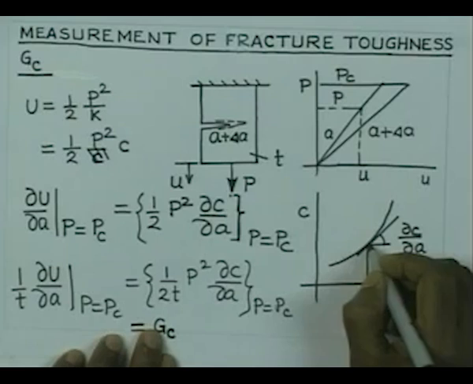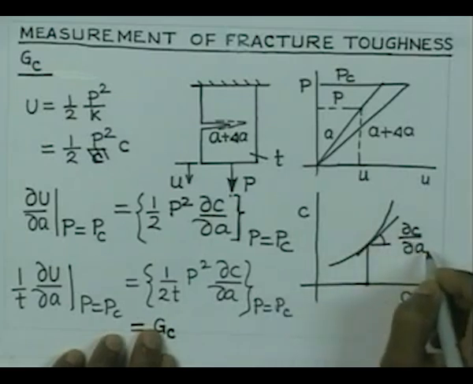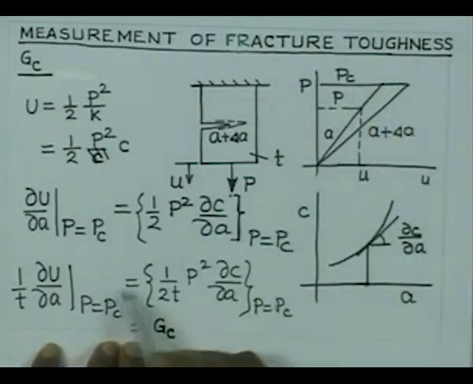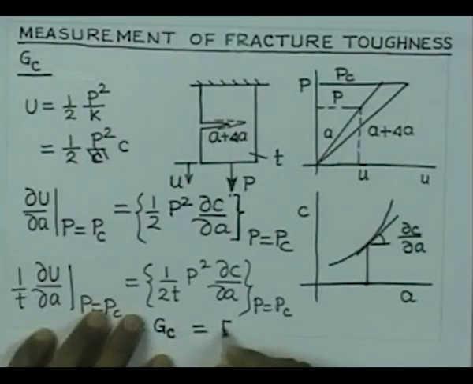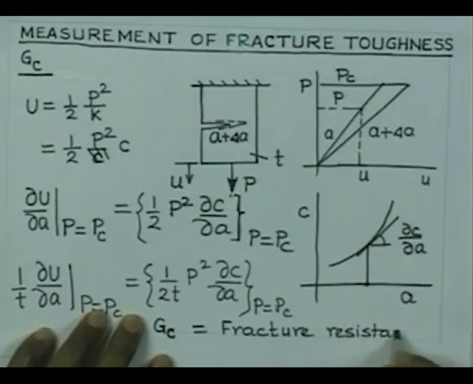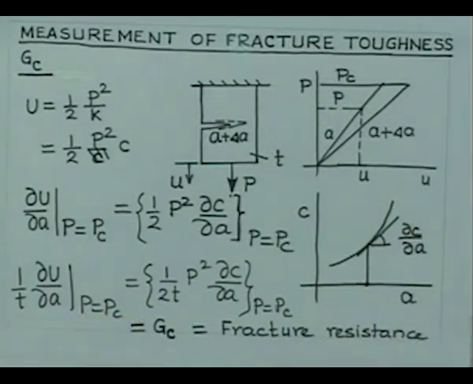For that crack length, you find out from this curve delta C delta A, and you have already got from the experiment the value of Pc, and from this relationship you can find out the critical strain energy release rate, which is nothing but the fracture resistance of the material. In fact, experiment is done along this line to find out the fracture resistance of the material.